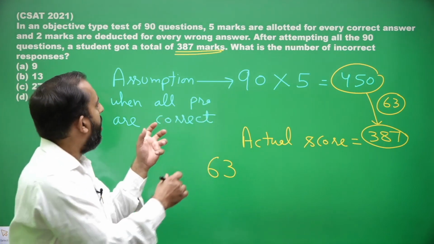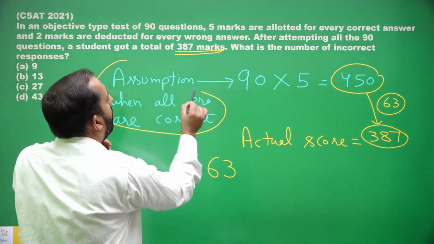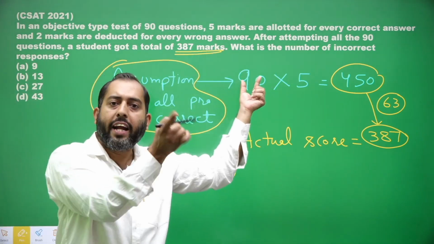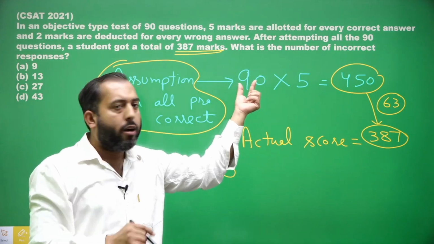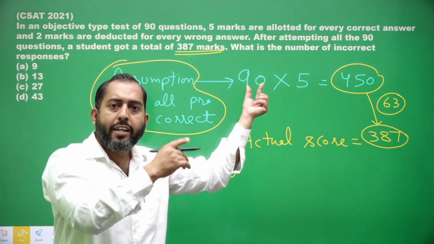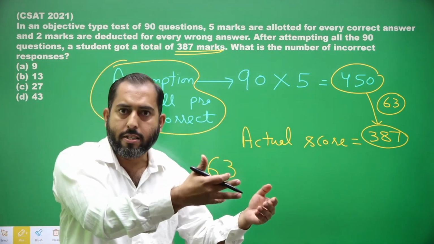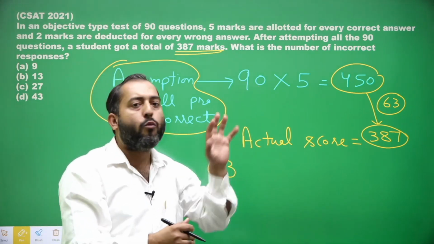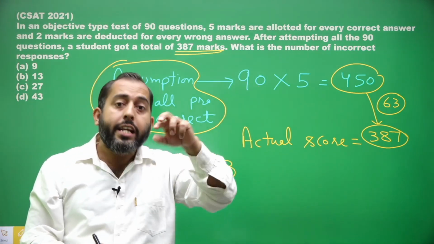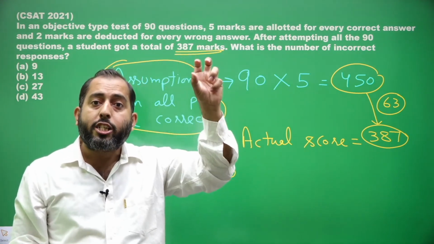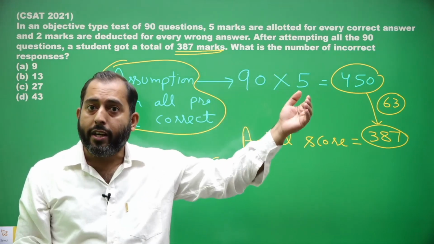Now, in the assumption, I assumed all questions are correct, all the 90 problems are correct. Now, suppose out of these 90 problems, replace one correct problem with an incorrect answer. Because of this replacement, a total reduction of 7 marks is going to be there. Why?